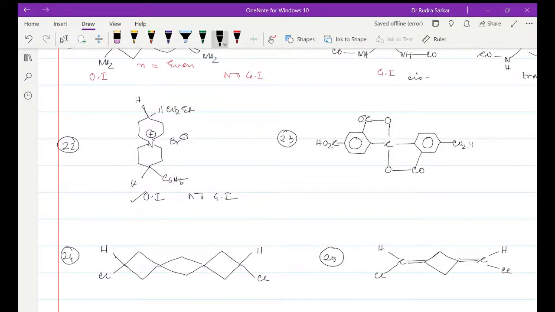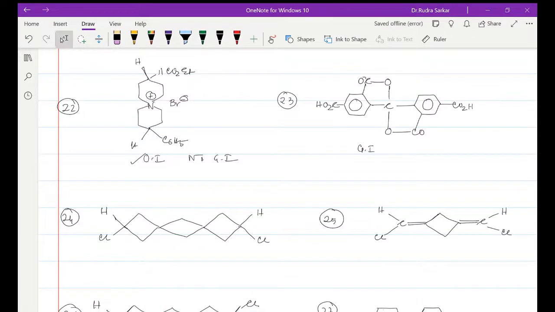Again similarly, in this particular system, that is 23, what we can have is that this is the molecule that will be showing geometrical isomerism.